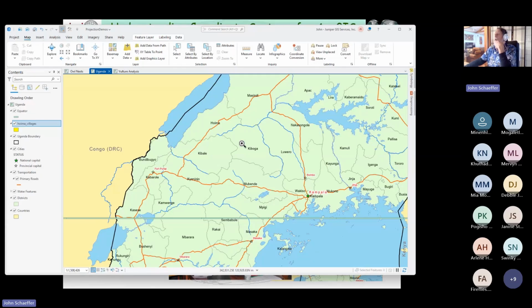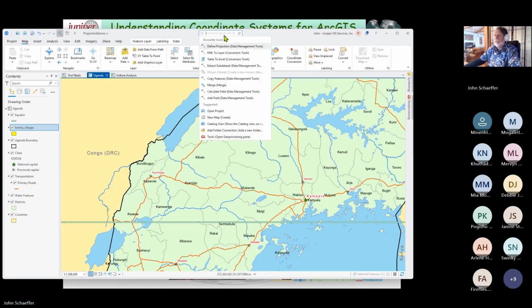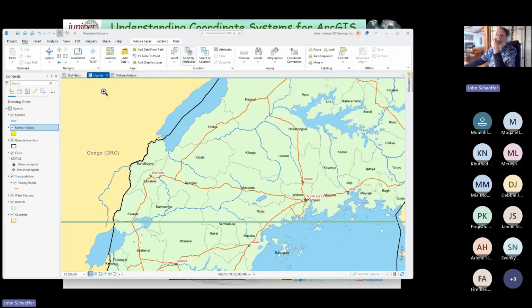Okay. So what I'm going to do is, this is where I can use define projection. I clicked into the command search, which brings up my recently used, and define projection. Actually, let me do one more step first really quick.